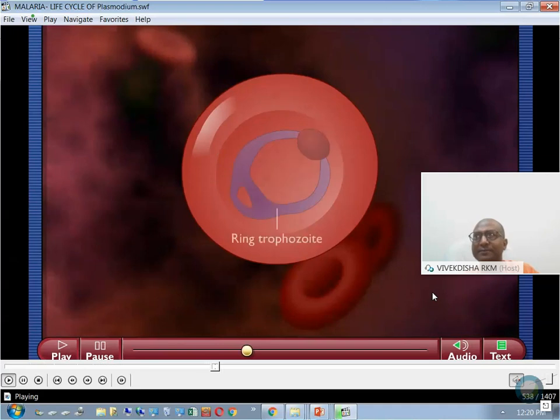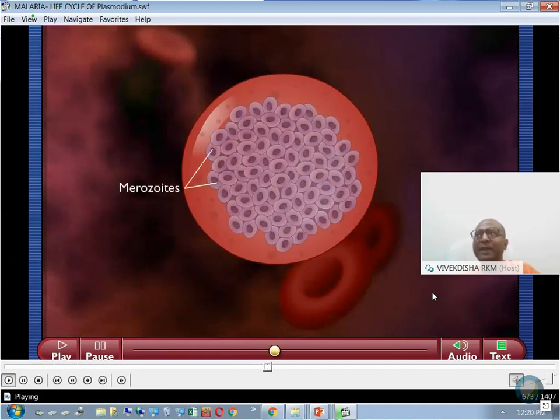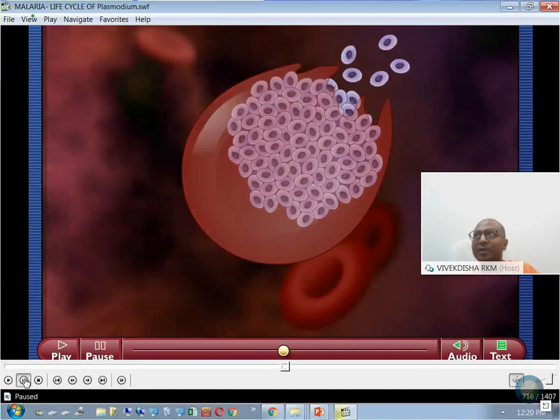blood cell. There again, there will be some changes of this germ, and from that change they will develop something more. Then again they multiply, so the germs are more in number, and that will burst the RBC, and they come out to the bloodstream. At that time the patient gets severe fever.